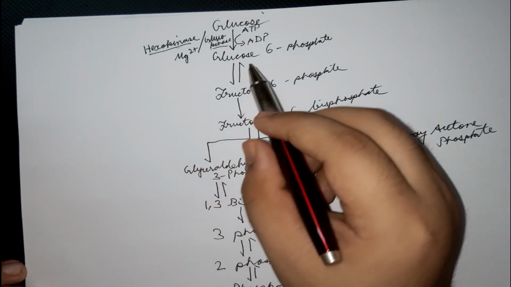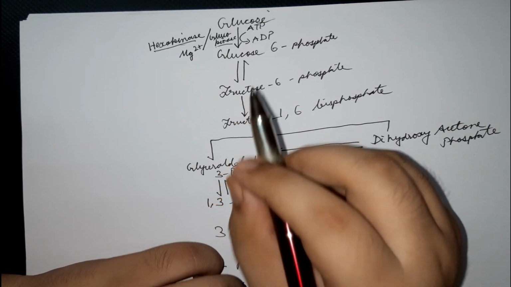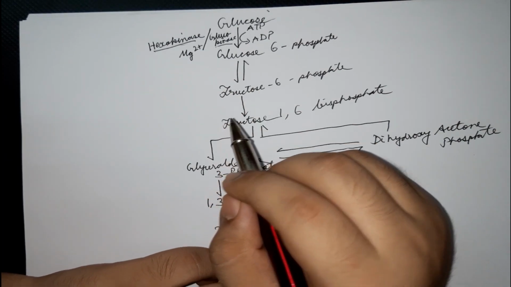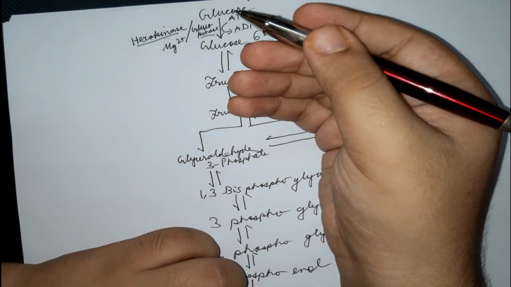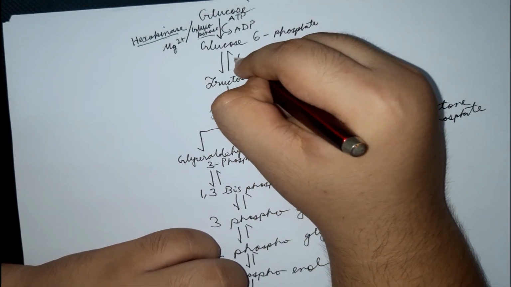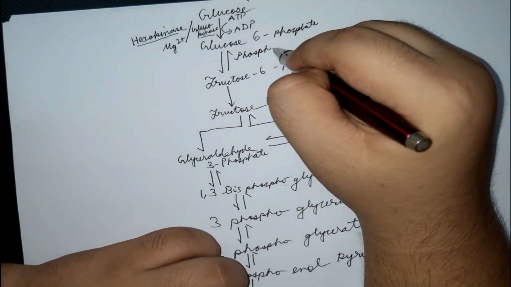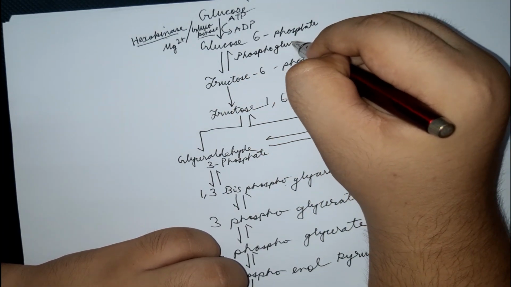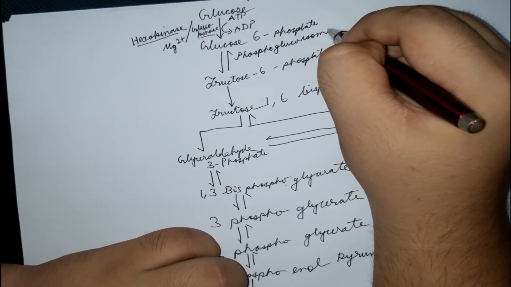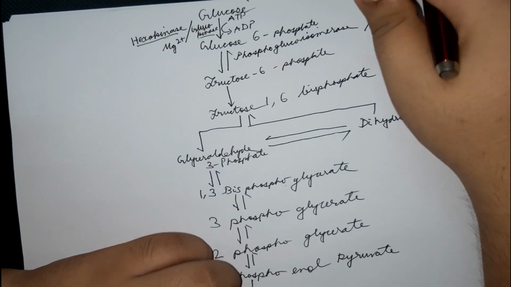Done. Glucose 6-phosphate to fructose 6-phosphate is converted by phosphohexose isomerase or phosphoglucoisomerase. Okay, so I have seen different books print out different things. Phosphoglucoisomerase, or I have also seen phosphohexose isomerase.